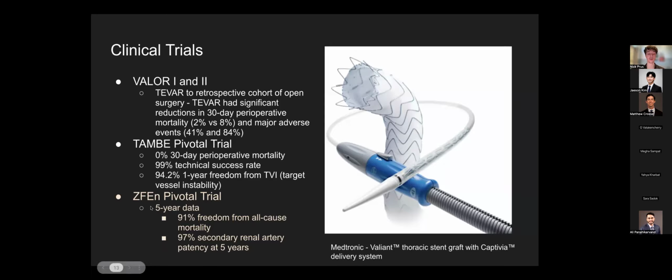Five-year data showed 91% freedom from all-cause mortality, and also 97% secondary renal artery patency at 5 years, showing the strength of the graft long term. And then I'll have a slide later on discussing all the trials done in the AAA space. And then this is just another device that I wanted to include. This is from Medtronic, the Valiant thoracic stent graft.